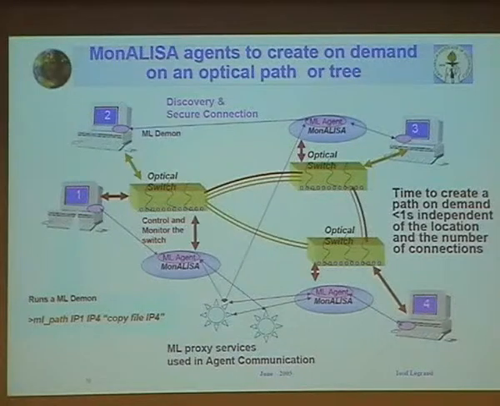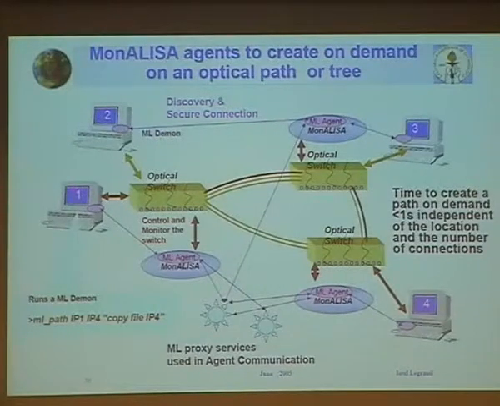First of all, the system requires creating what is called a MonaLISA daemon, which takes into account the security, the credentials for each user, and it is enough for this daemon to find one of the MonaLISA agents which are used for controlling optical switches.